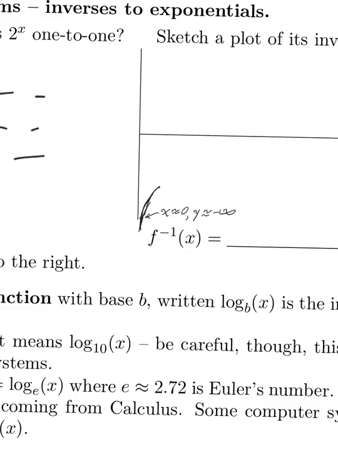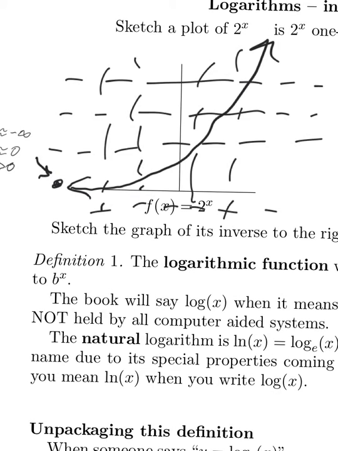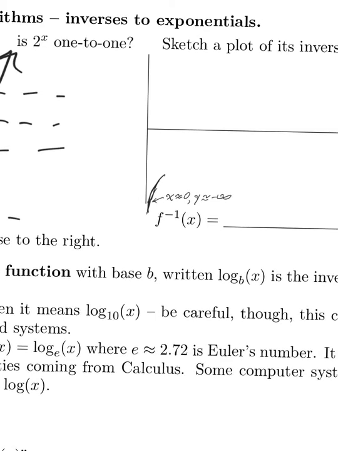Fair enough. What other things do we know about exponential functions? Well, I know what this point will be. Even though this is 2 to the x, for any exponential function, you'll see this point, x equals 0, y equals 1. So on the graph of the inverse, you'll see the point 1, 0.